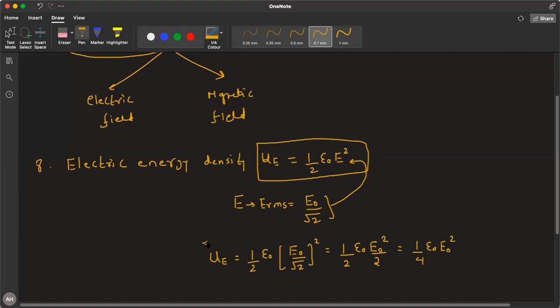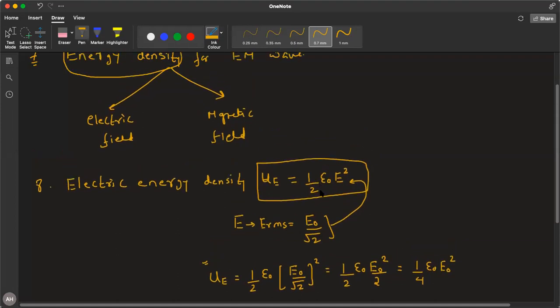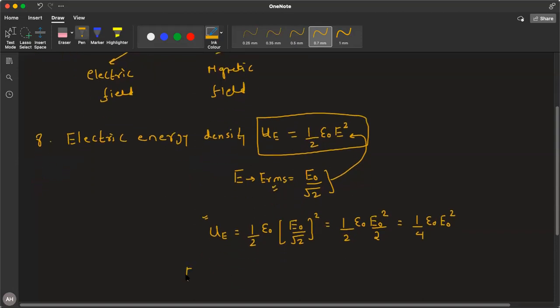This is the electric energy density in the EM wave. When you write half epsilon naught E square, that means the RMS field, and E naught means the peak value of the field.